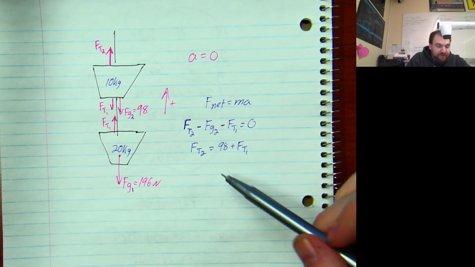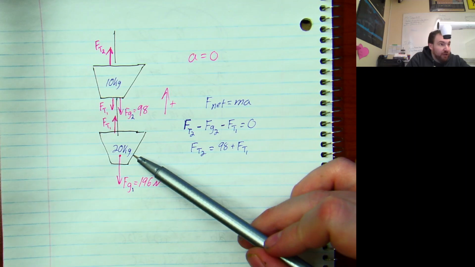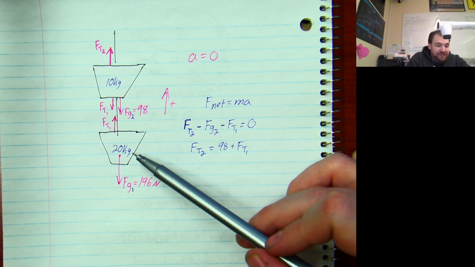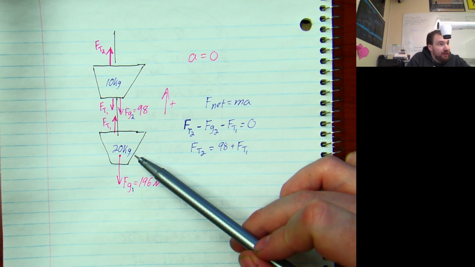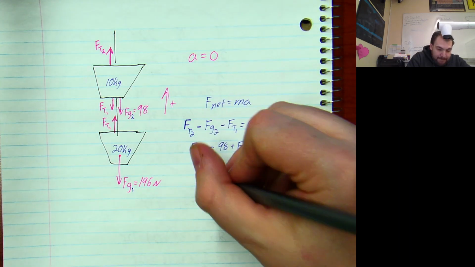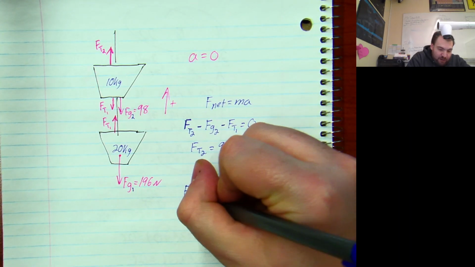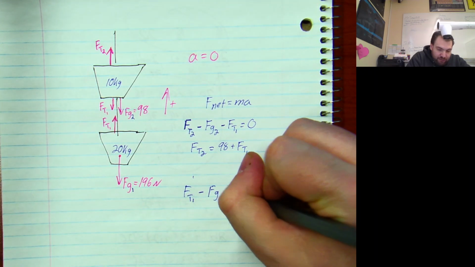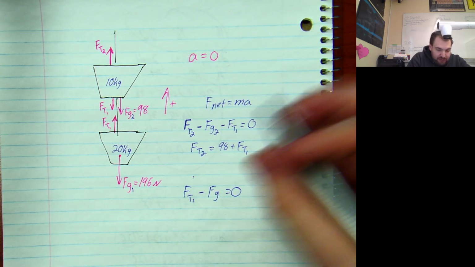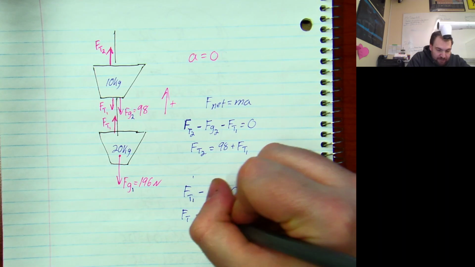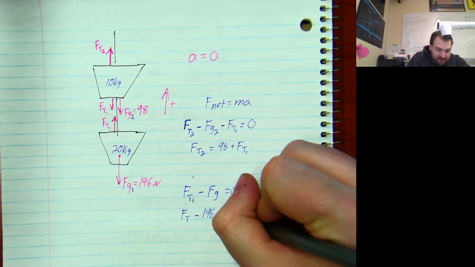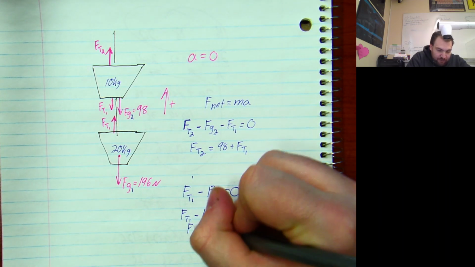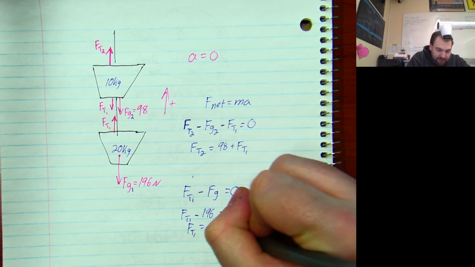So let's go through now and find FT1. Let's analyze the other block. What's the F net equation going to be for the other block? FT minus FG equals MA. FT1 minus FG equals 0. So that's FT1 minus 196 equals 0, so FT1 is going to equal 196 newtons.